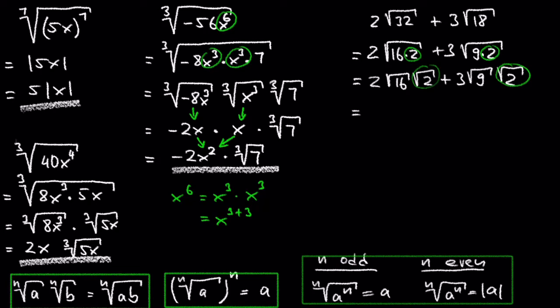The square root of 16 is 4. And the square root of 9 is 3. Two times 4 is 8.